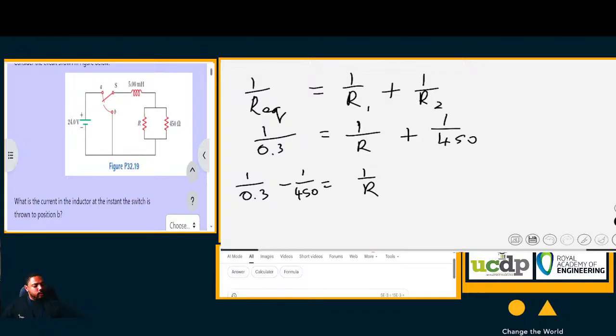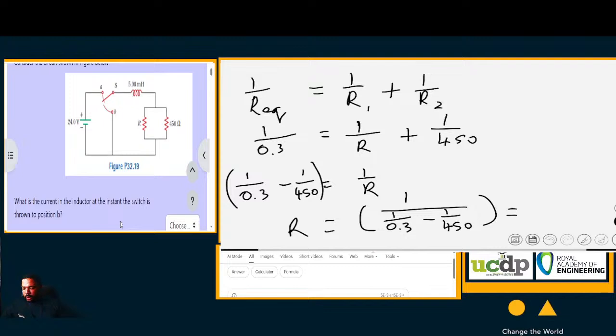Okay? So 1 over 0.3 minus 1 over 450, and once you have that whole sum, R therefore is equal to 1 over (1 over 0.3 minus 1 over 450), which is equal to a value of 1290 ohm.